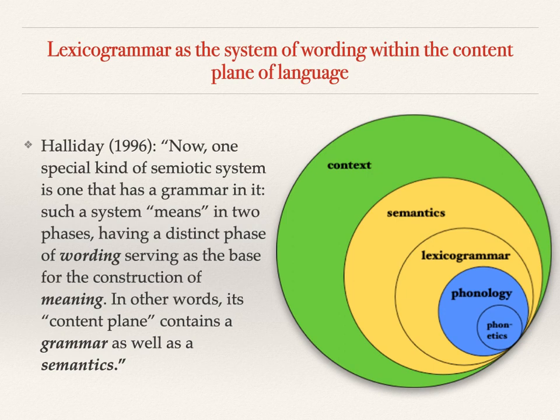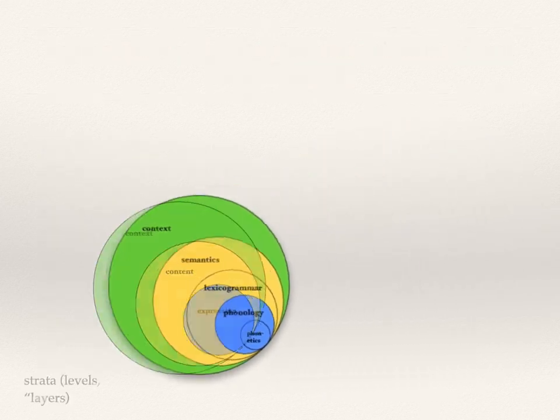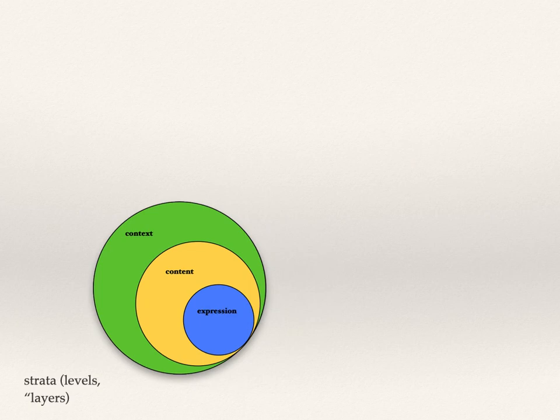And as I've said before, we approach language in general and grammar specifically ecologically. We look at it in its environment. And in blue here, you have the expression plane in spoken language, phonology, and phonetics. So this sense of the global organization of language as consisting of content and expression, viewed ecologically within context, is central to the understanding of the organization of language as a resource.